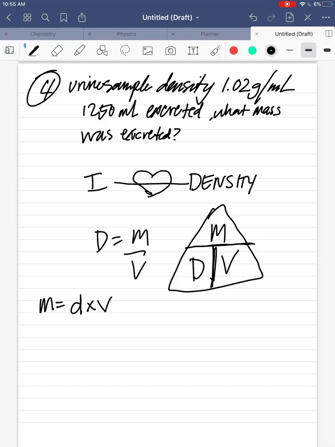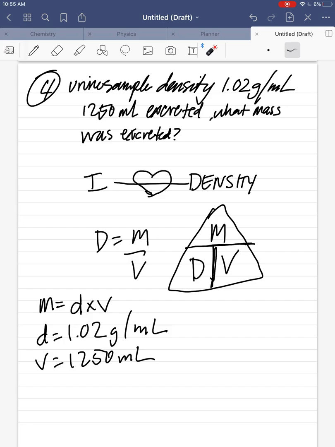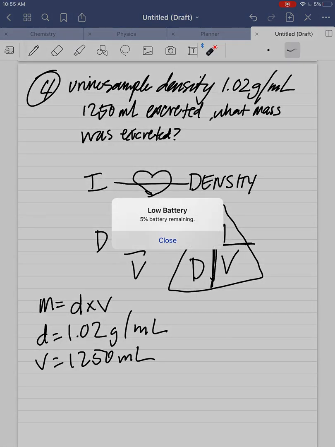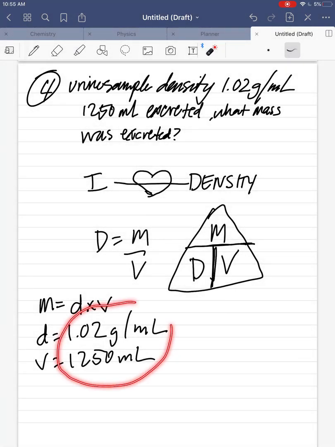Okay, so I want to know the mass. My density is 1.02 grams per milliliter, and my volume is 1250 milliliters. Now, here's the problem. On homework or classwork, professors will give you beautiful units that match.